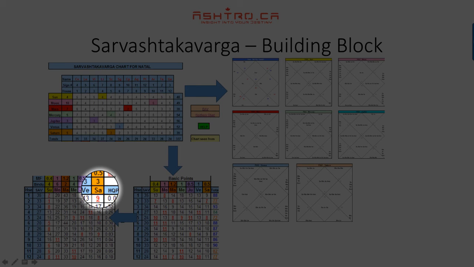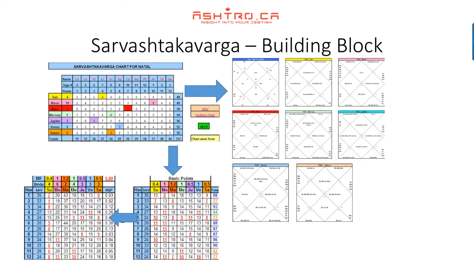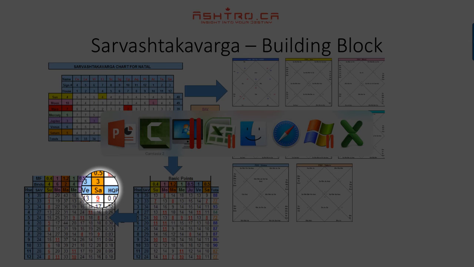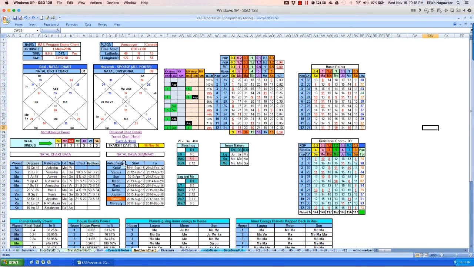So let me quickly walk you through where you see this in our program. So here we are back to our summary screen, and now this is the basic points, this is the total points. But what's happening? How did we get these basic points, and how did we get the summary points? Let's go into the background to see how we came to these points.